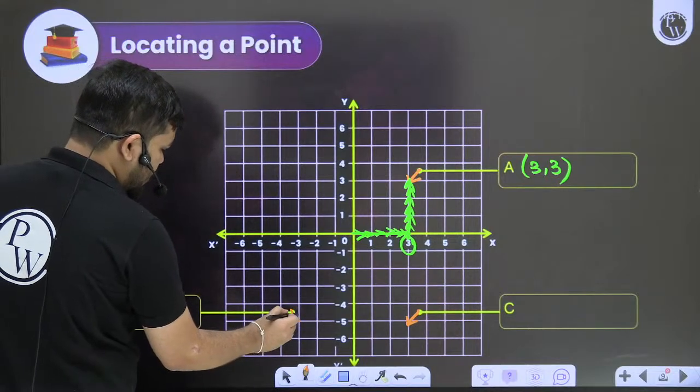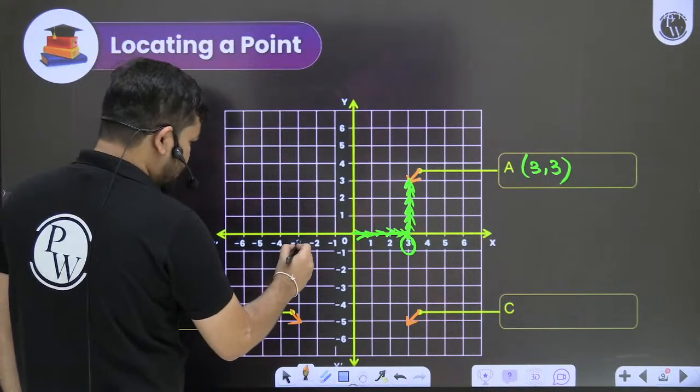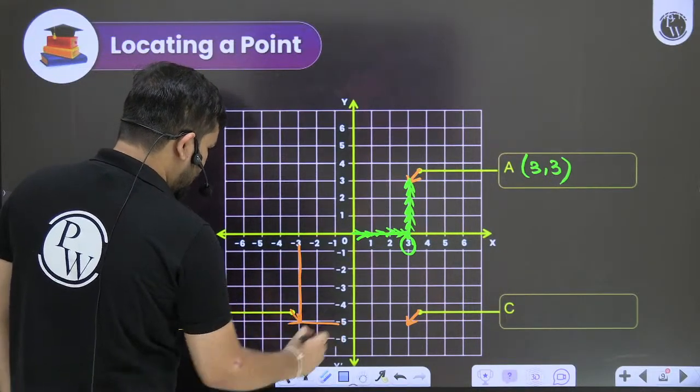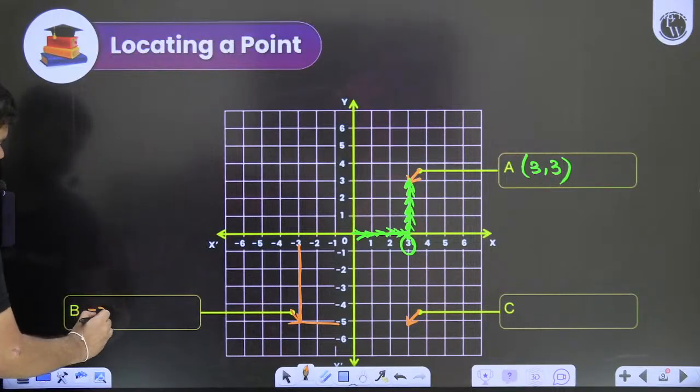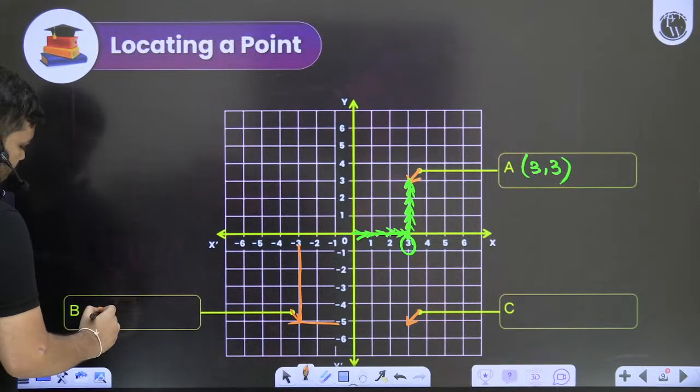And similarly, tell me now. You need to travel from the x-axis, so go for it and go for it. Then you can see here minus 3 and minus 5. Minus 3 and minus 5.